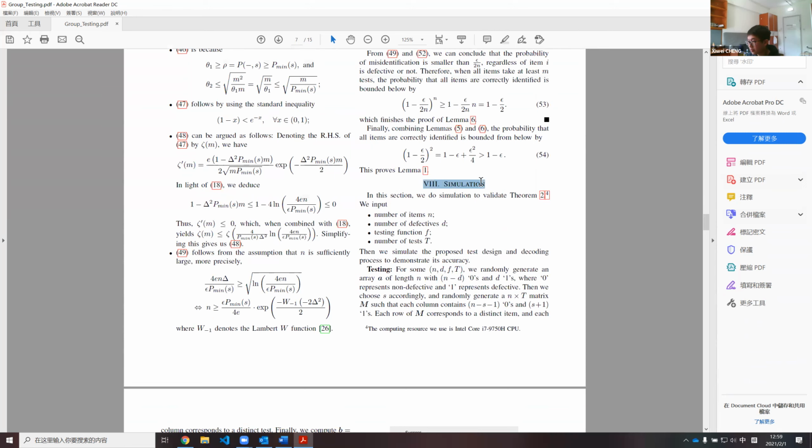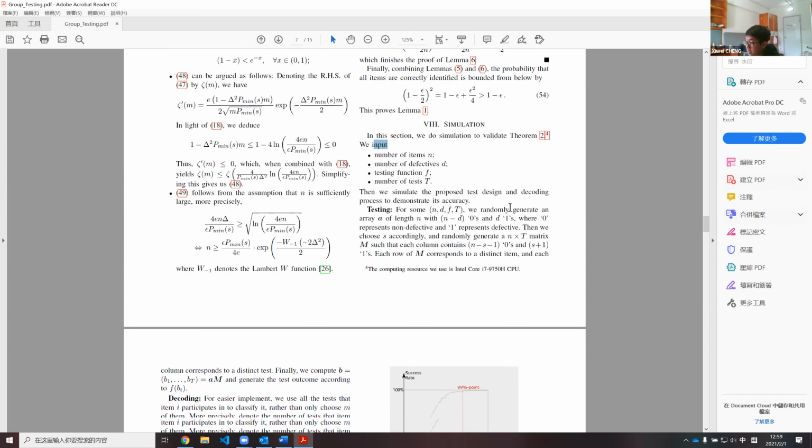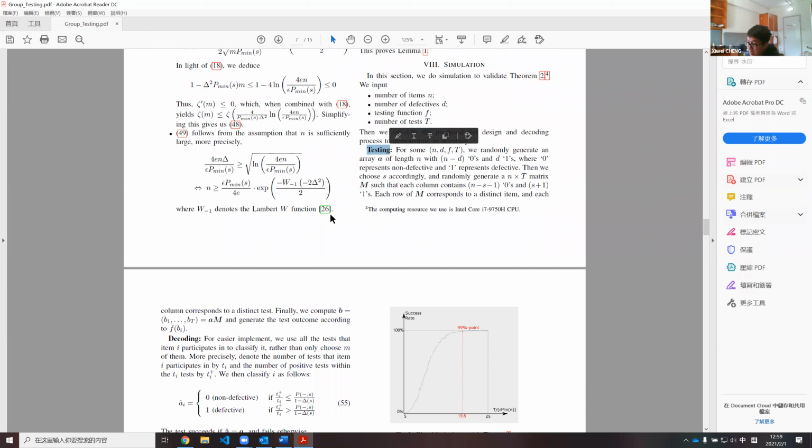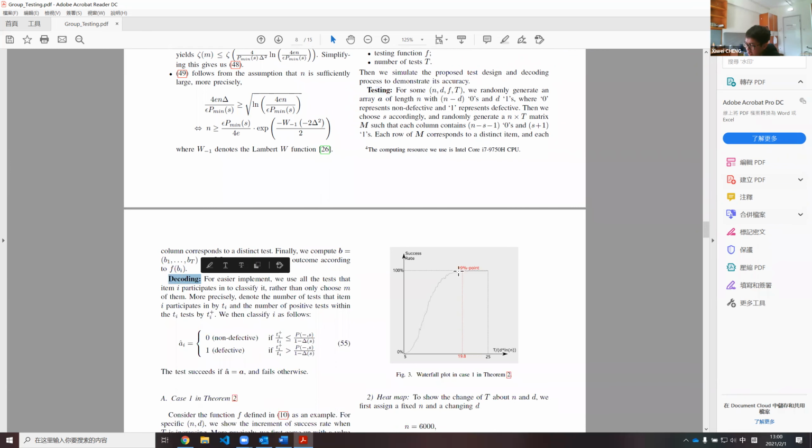Okay, here it is. We run some programs to verify our test design in Theorem 2. Firstly, we input the basic parameters like N, D, F, and T, and we will do testing as above. So the testing part is similar, but the decoding part is a little bit different.